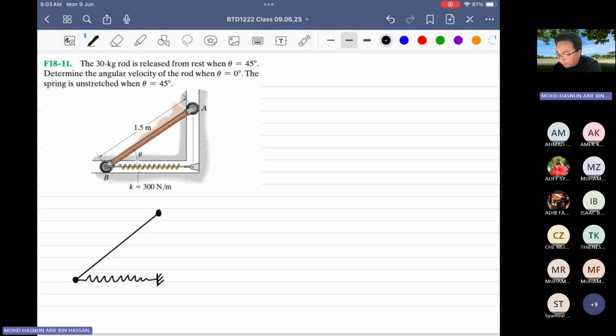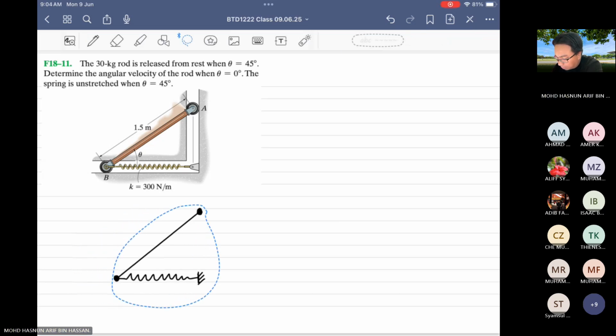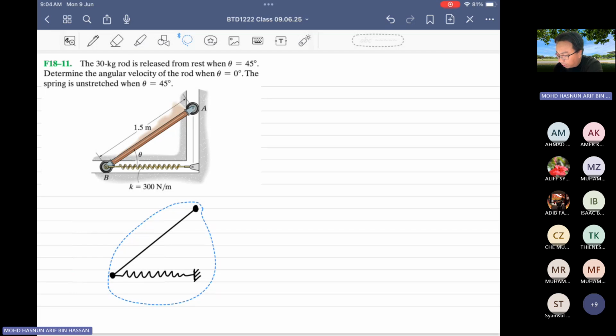Determine the angular velocity of the rod when theta equals to 0. So theta equals to 0. What happens to the rod? Where is the position of the rod when theta equals to 0?